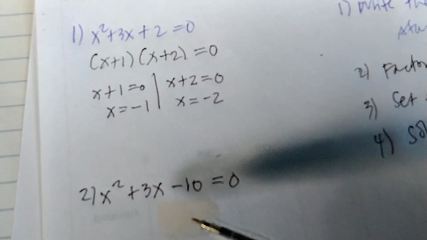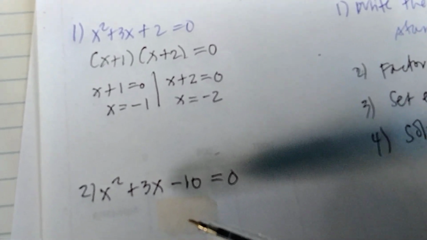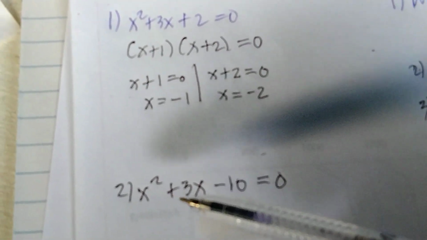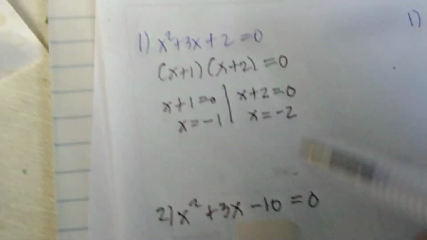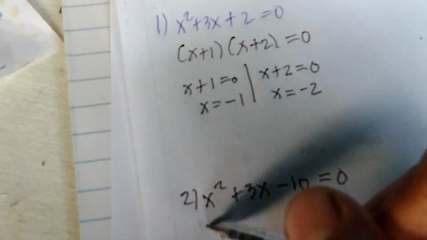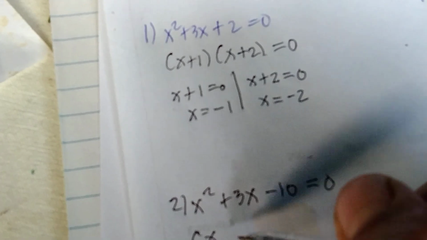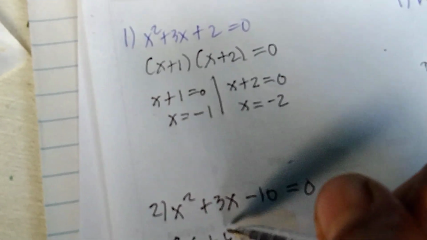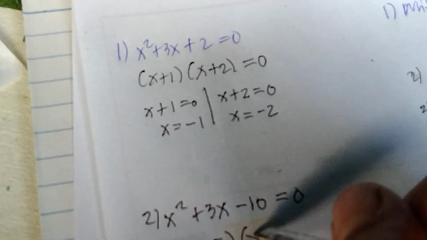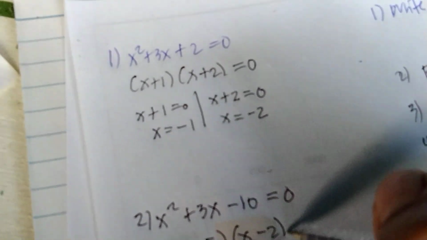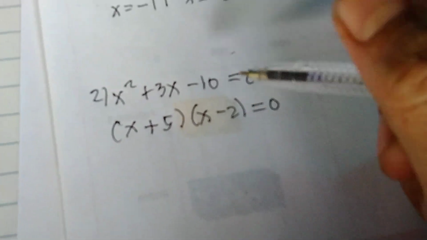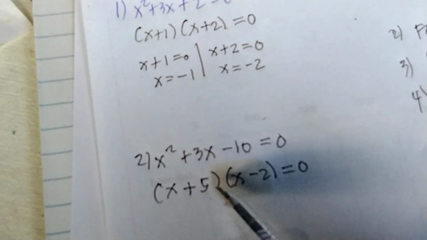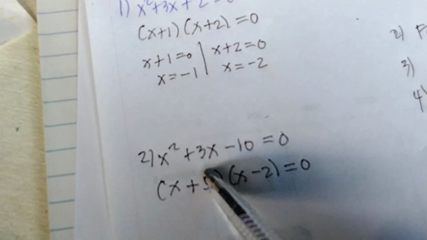There are two factors of negative 10, no? Since it is negative 10, and positive 3 is the middle term, we can factor this directly as x plus 5 times x minus 2 is equal to 0. Because 5 times negative 2 is negative 10, and 5 minus 2 is positive 3.